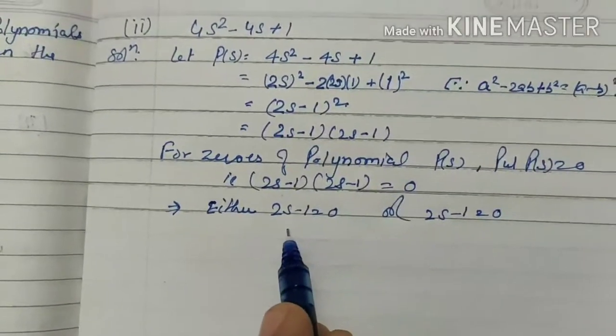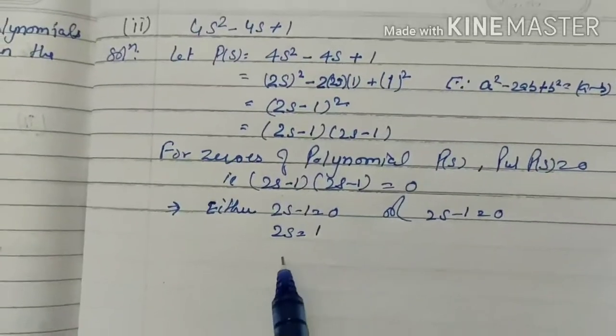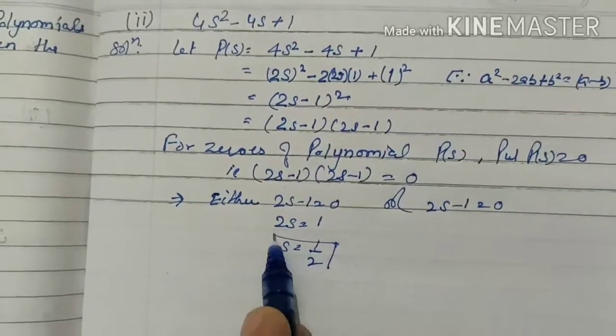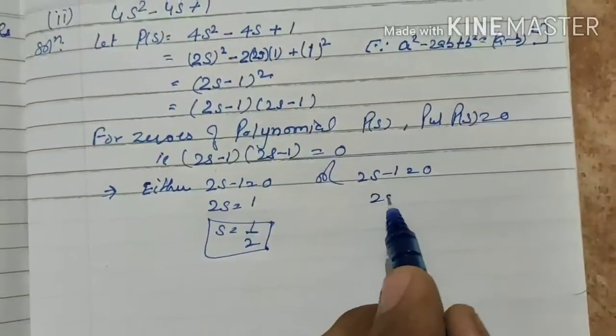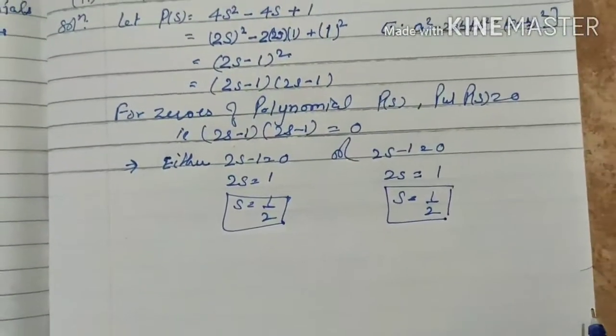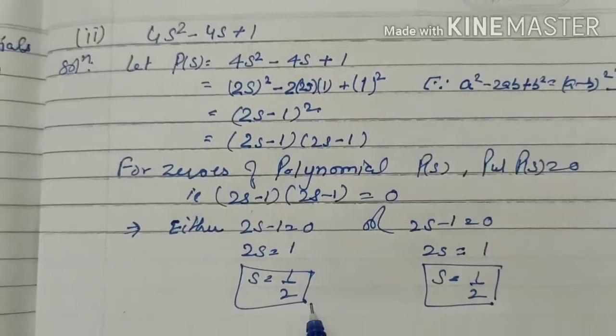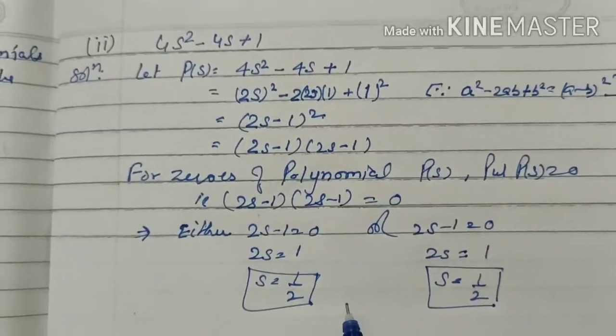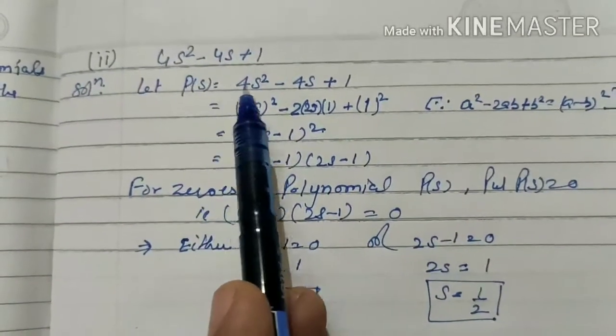So here we will have 2s equals 1 and s will be 1 by 2. Similarly here 2s equals 1 and s will be 1 by 2. So these are the zeros, meaning equal roots, of the given polynomial 4s square minus 4s plus 1.